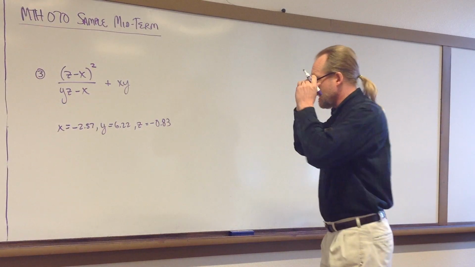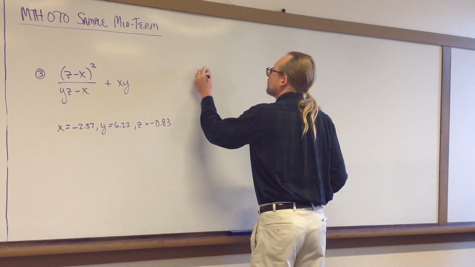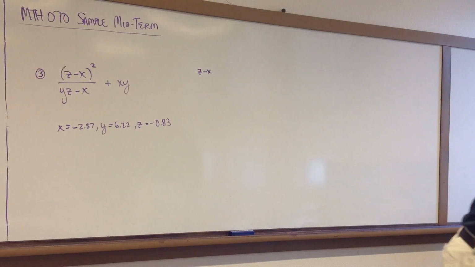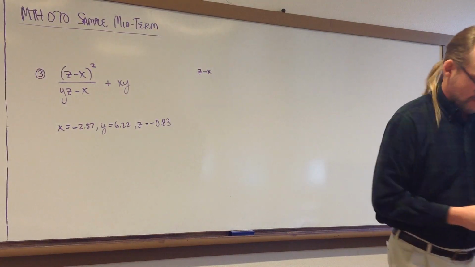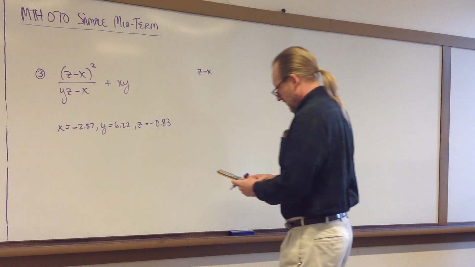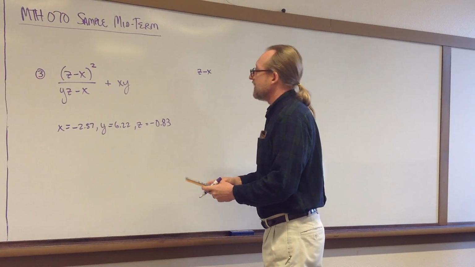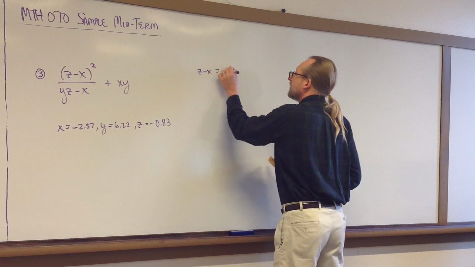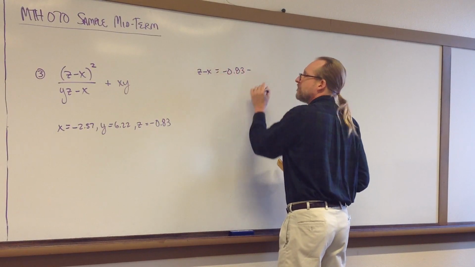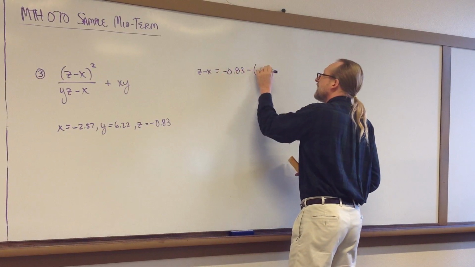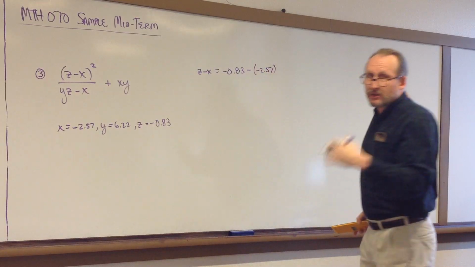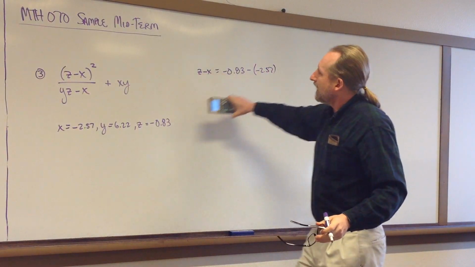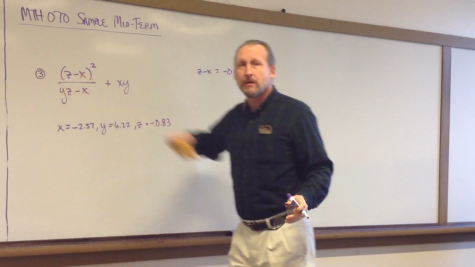So I'm going to calculate z minus x and then square it. So z minus x, well, z is negative 0.83 minus, so here's the thing, and I'll write this down. Negative 0.83 minus, and the x is negative 2.57. So I point this out whenever we see this. This minus sign comes from the formula, okay?